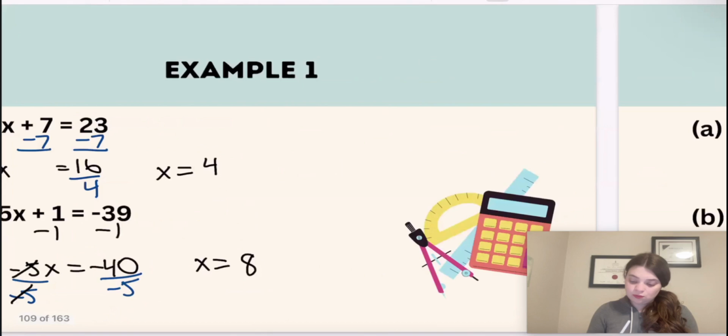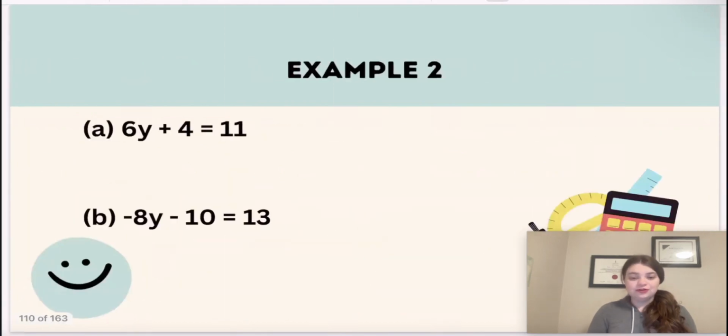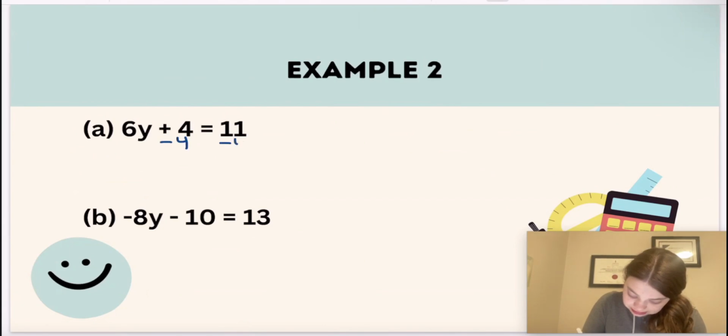All right, I have two more examples on this next page here that we'll also work through. The first one is 6y plus 4 is equal to 11. So once again, we must start by combating any addition or subtraction that's on our left. So since we have 6y plus 4, in order to get rid of the plus 4, we must subtract 4. So I'm going to do that. I'll be subtracting 4 from both sides.